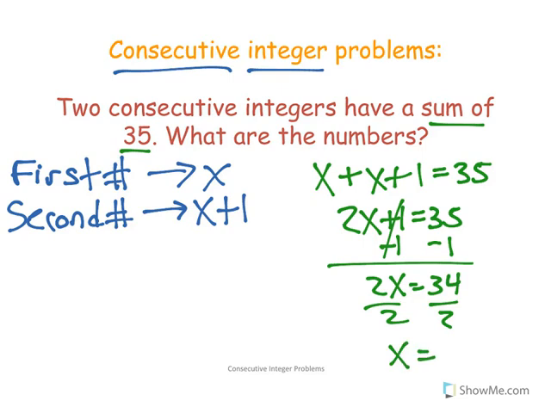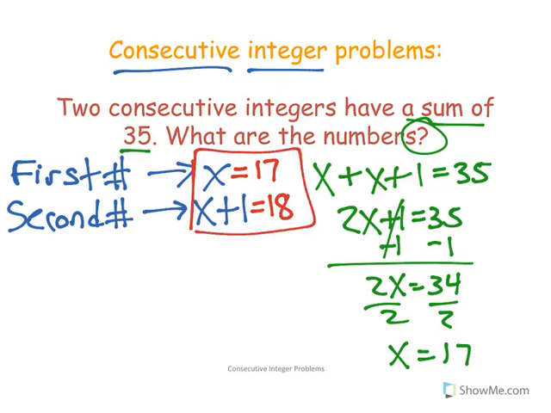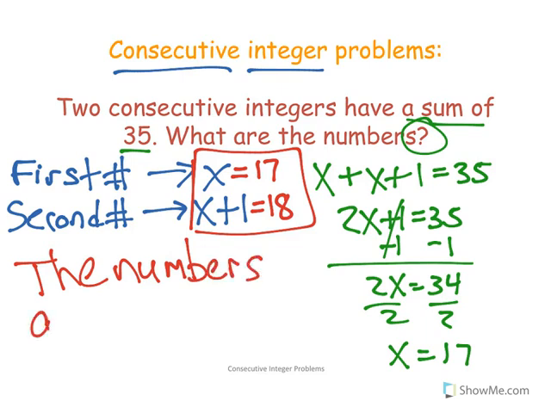But of course, guys, we didn't solve the problem, right? The question says we want numbers. I don't have numbers, I have a number. So I'm going to say x is equal to 17, which means x plus 1 is 17 plus 1, which is 18. So we would say the numbers are 17 and 18.